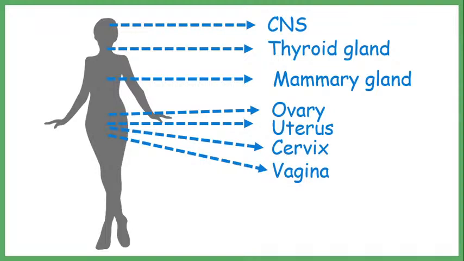Now, out of these organs, can you tell me which organs are not at all involved in the menstrual cycle? Just a bit of wild intuition, a wild guess. Just try to do that.